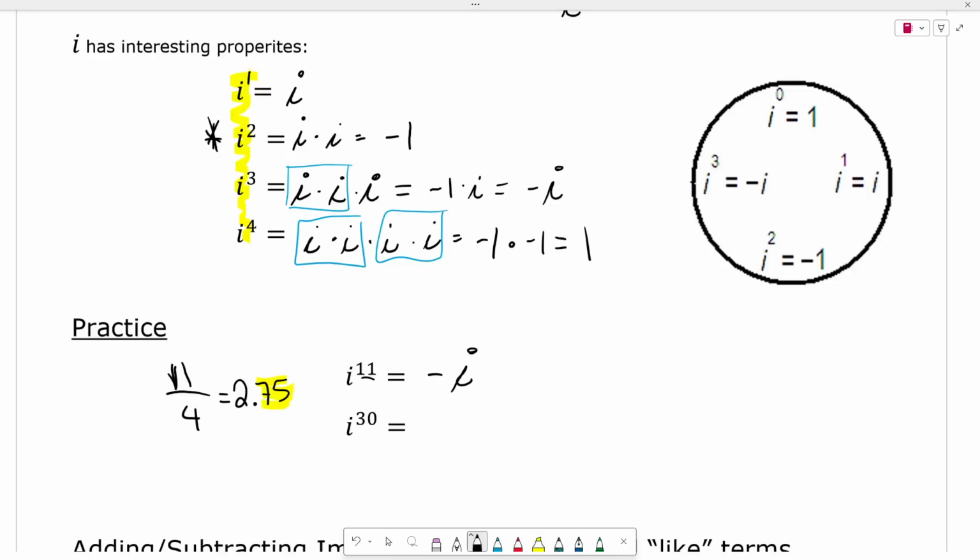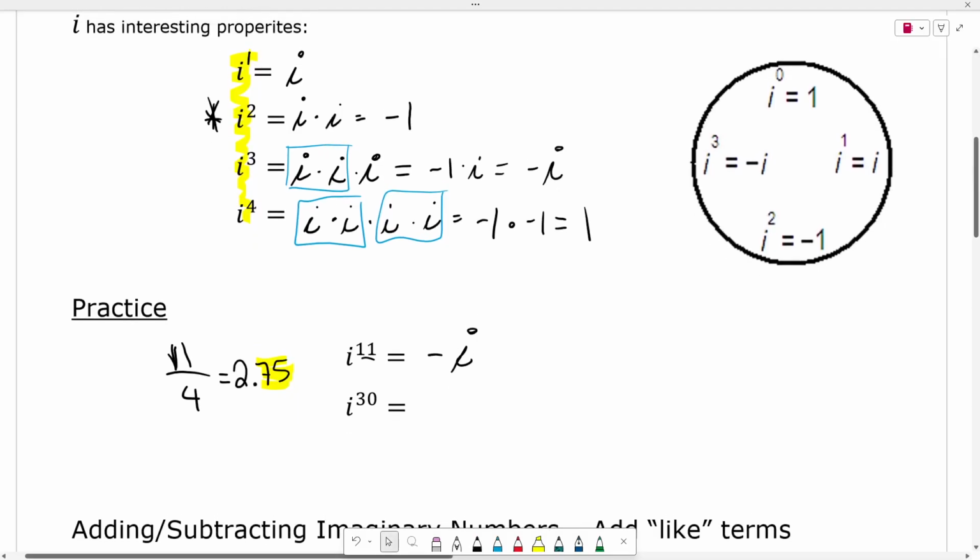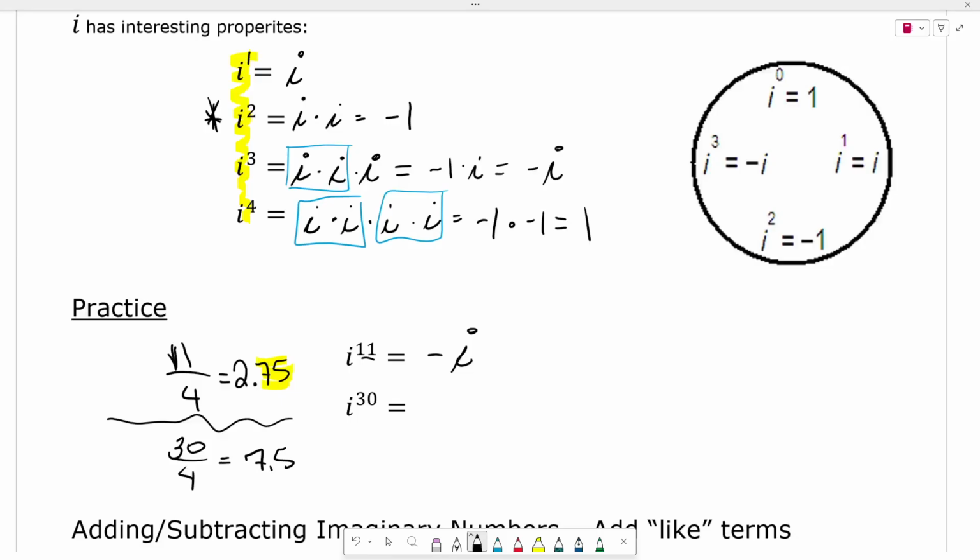We can do that with every one of the problems. You take your exponent and divide it by 4, and whatever the remainder is tells us where it's going to fit. Looking at our next example, 30 divided by 4 would be 7.5.